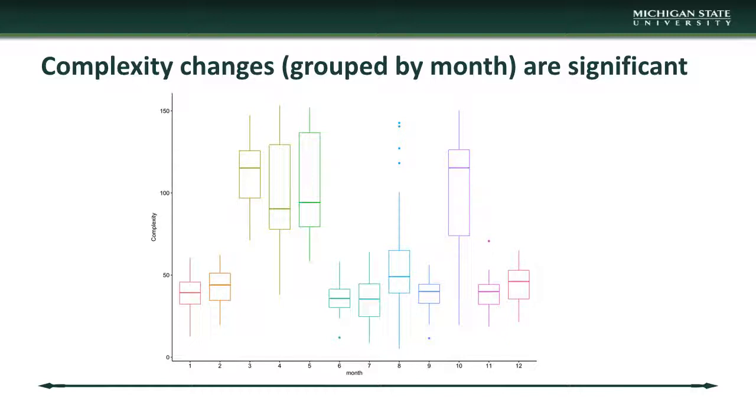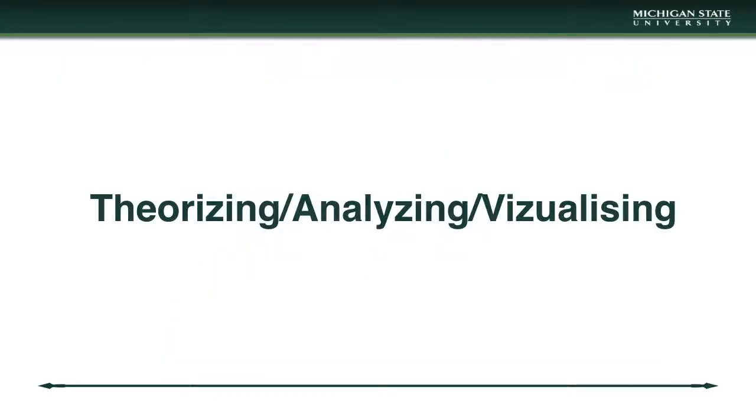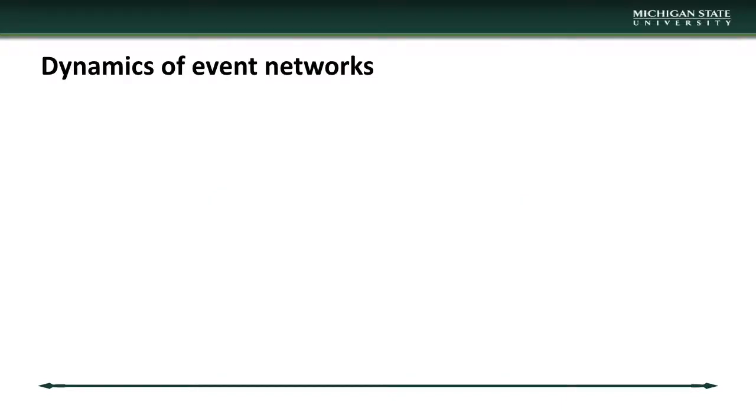The thing that's interesting, the 3 questions posed to the panel, theorizing, analyzing, visualizing, to me, all go together. And the idea that I'm really most excited about is applying them to the dynamics of event networks. So I said earlier, routine dynamics. I'm trying to think of how these patterns of action change over time.